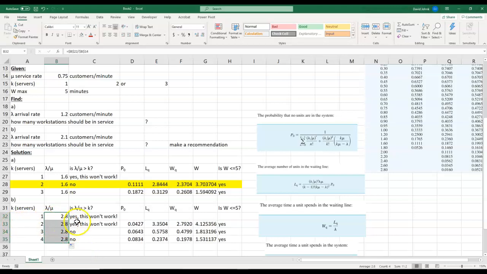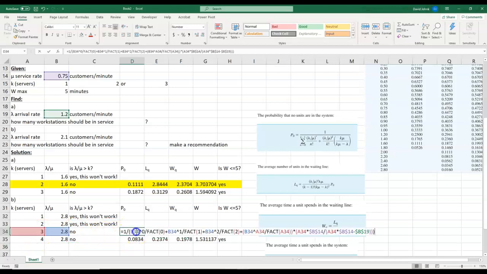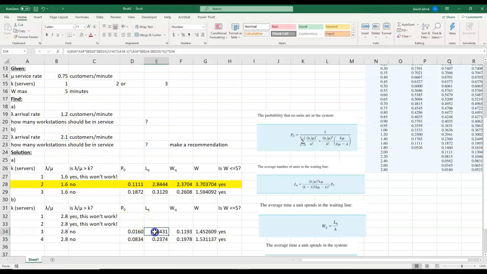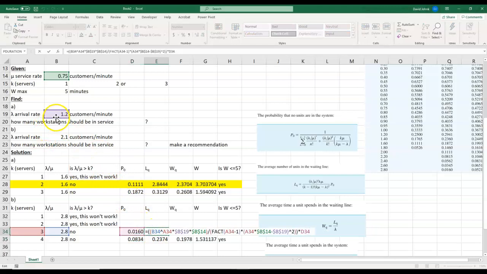So now we know 2 servers won't even work. So I'm going to go ahead and get rid of these because our line is going to grow infinitely. So we know we need 3 or 4. But we have to change this because these are all, no, this is why it's so nice to do this. So these are all pointing to this. All I have to do is just drag anywhere it's pointing to that, I just drag that down, right? And I go here, anywhere that's pointing to that, I drag it down.